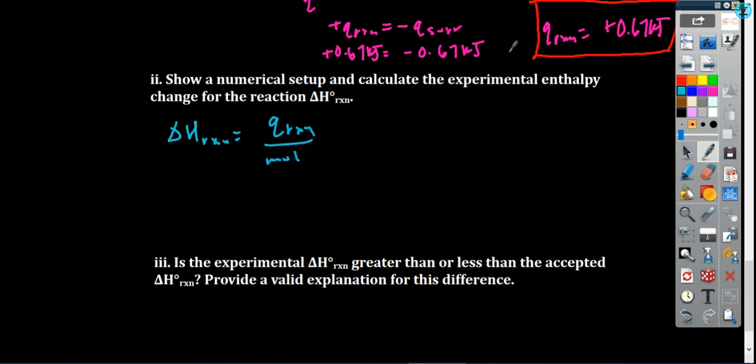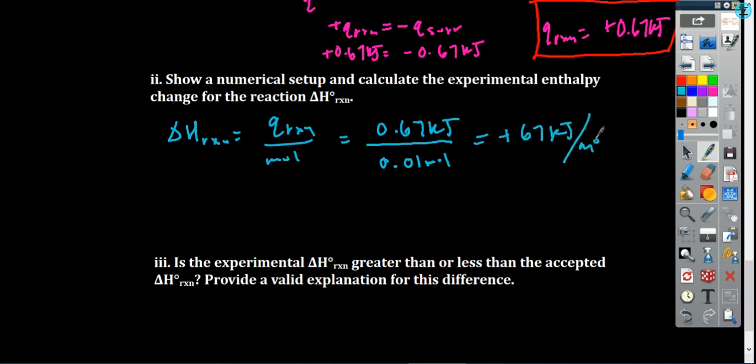And in this case, we calculated that 0.67 kilojoules of heat were absorbed by the reaction in this lab when we reacted 0.40 grams, or 0.01 moles, of sodium hydroxide, which when you divide gets you positive 67 kilojoules per mole of the reaction, right?